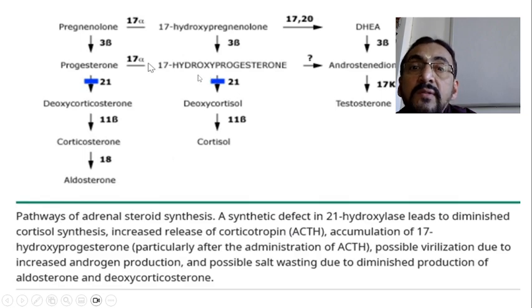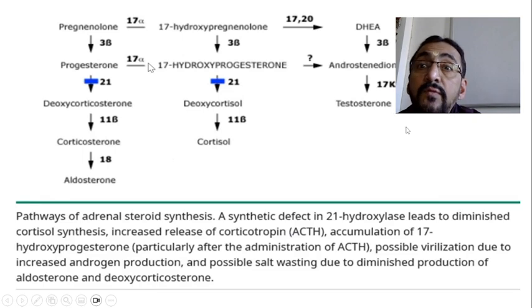The 21-hydroxylase enzyme converts this into deoxycortisol, and from the deoxycortisol, in another step, it forms cortisol. So this is how, from the adrenal cortex, three hormones are formed. At the end there is formation of aldosterone, at the end there is formation of cortisol, and at the end there is formation of estradiol or testosterone, the androgens.